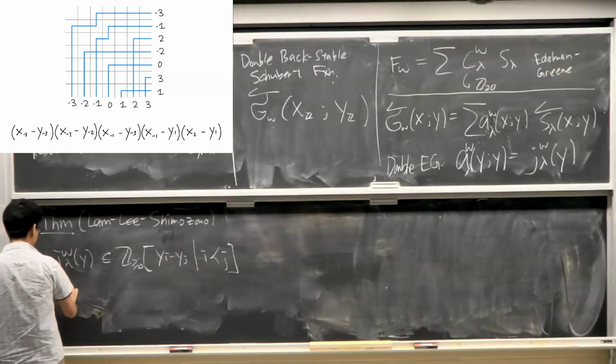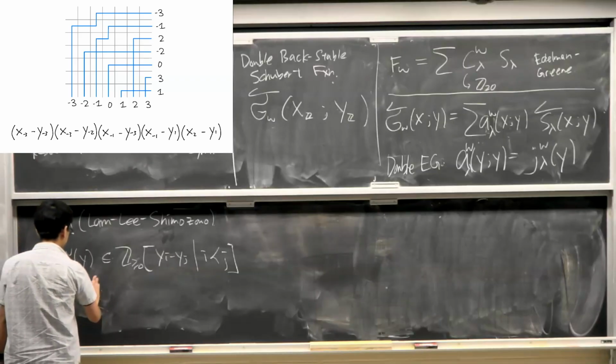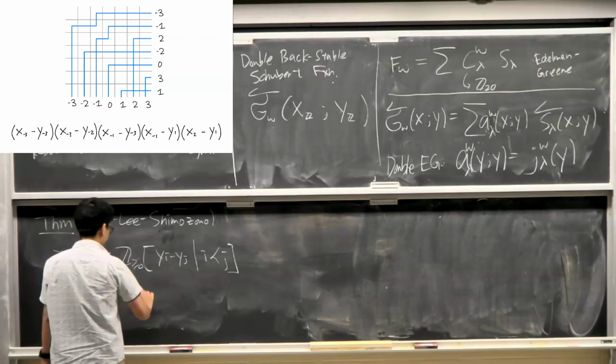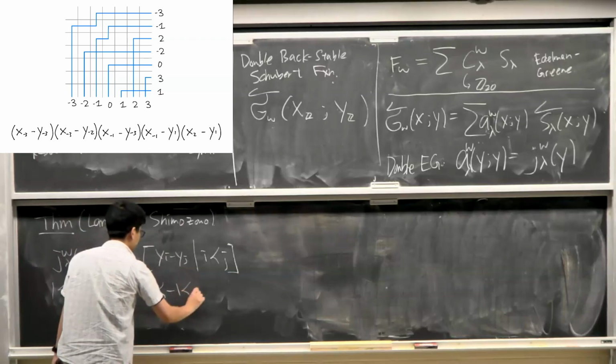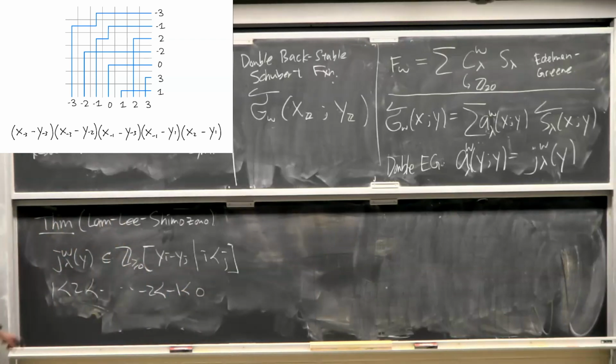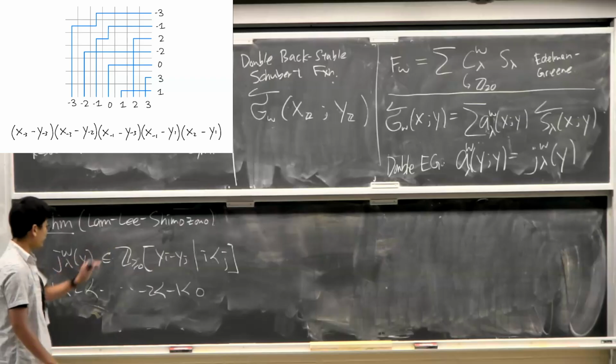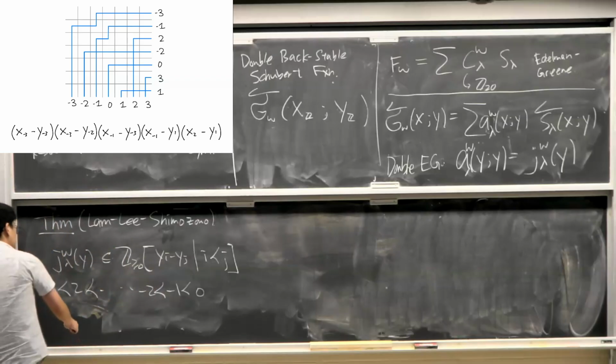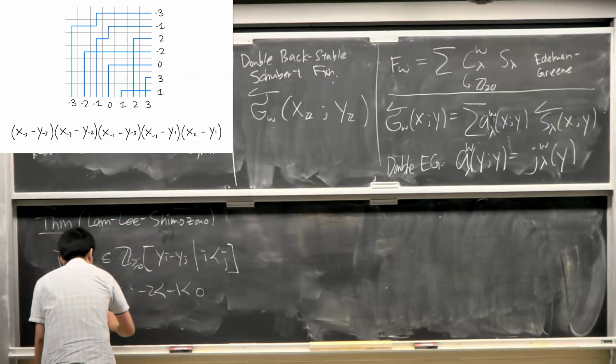So in this total ordering, I have 1 less than 2, less than all the positive numbers, and then -2 less than -1 less than 0. So you can always write this coefficient in linear forms like this, and this is what I would call being positive.